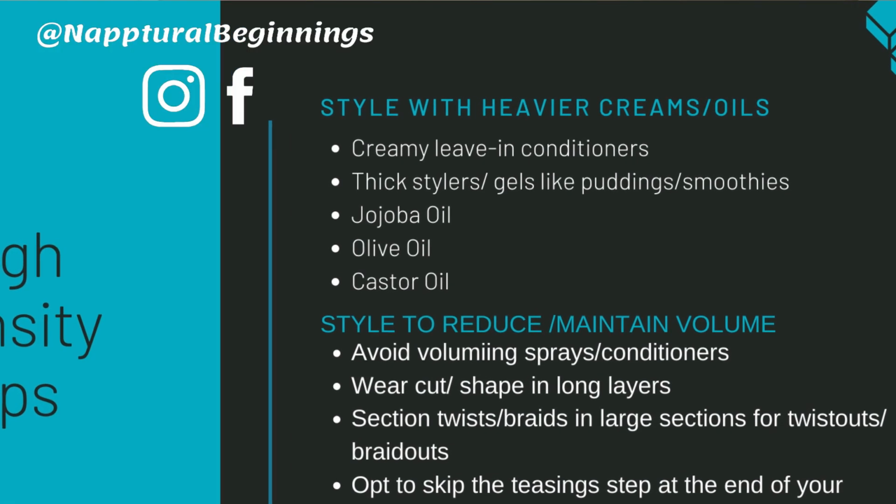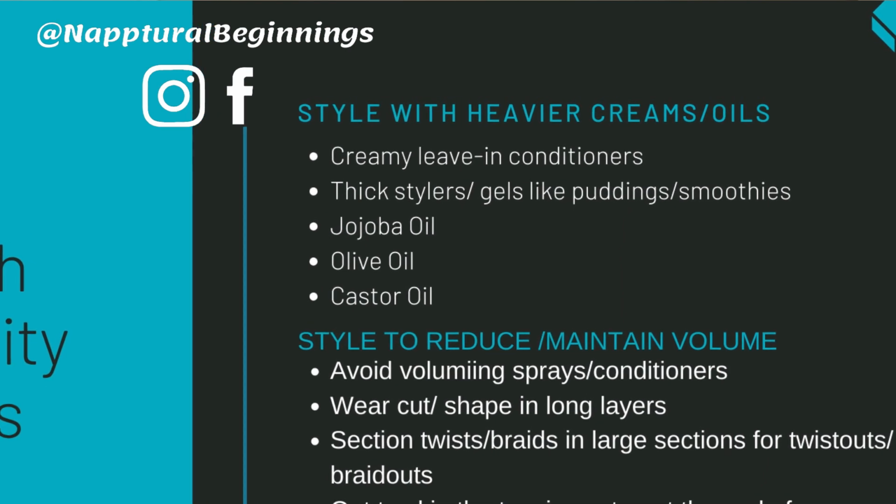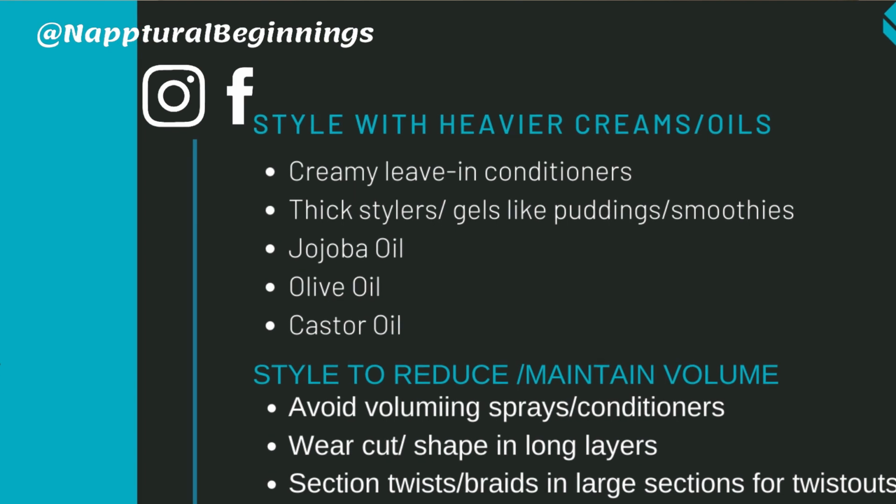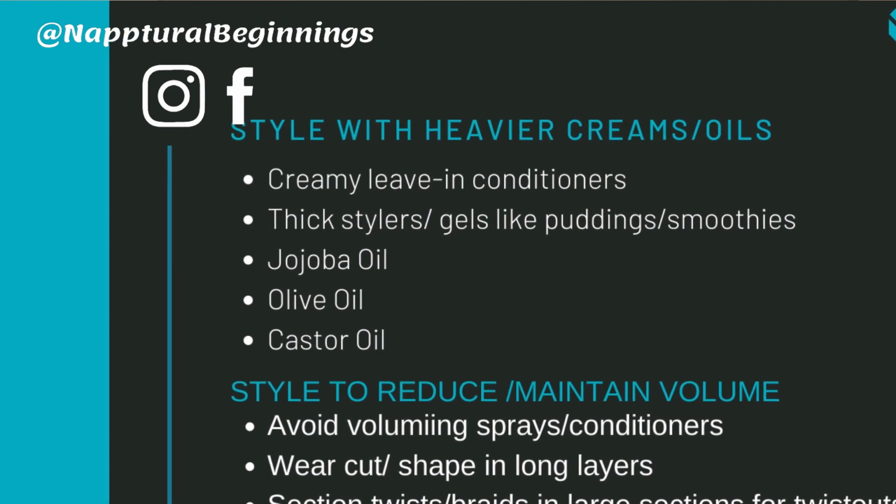I know I've been able to use puddings and get enough product on my hair that feels like it weighs it down enough to smooth it out so that I can get that nice, beautiful, defined twist out or braid out that I'm looking for. Also, with using products for high density hair, for oils you want to try jojoba oil, and I believe jojoba oil kind of goes across the board.